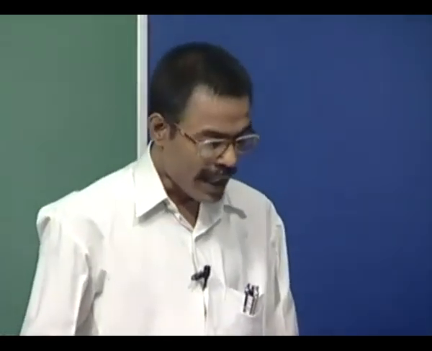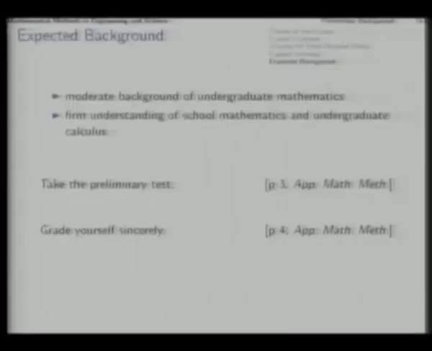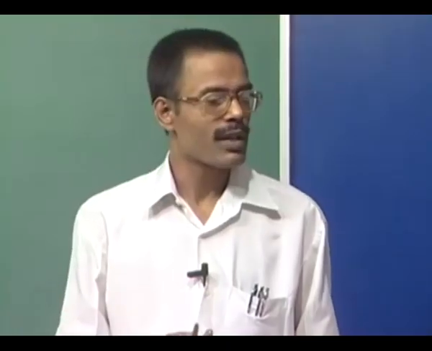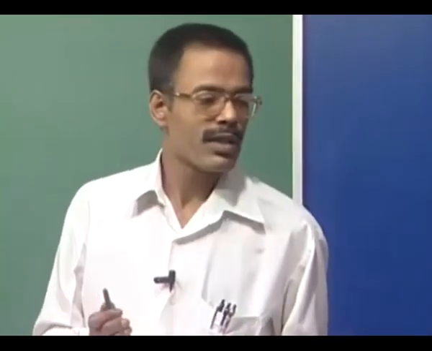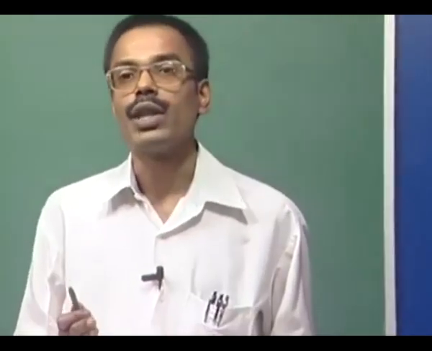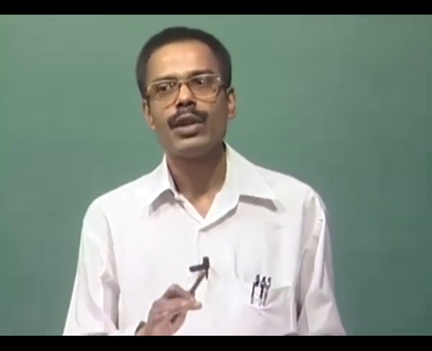Now, the background that is expected for this course is only a moderate background of undergraduate mathematics, either from engineering or from science. However, the background of school mathematics and undergraduate calculus will be assumed firm.